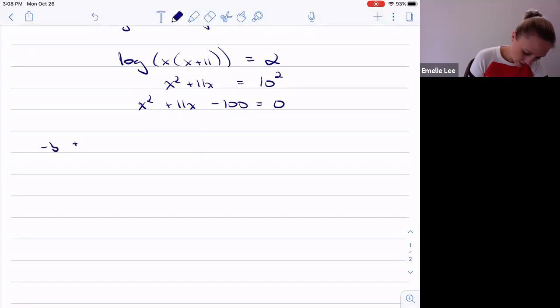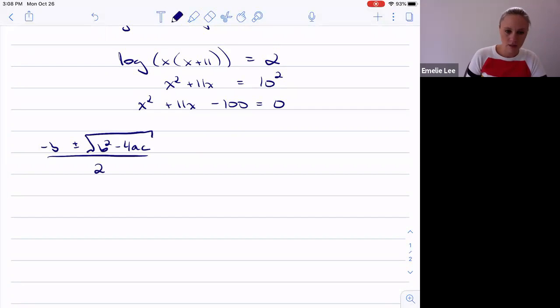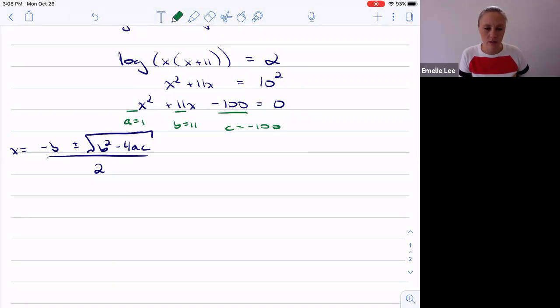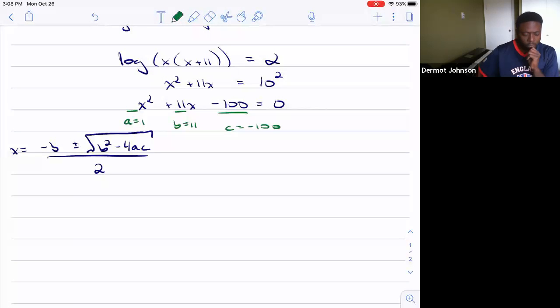Remember, x equals negative b plus or minus the square root of b squared minus 4ac over 2a, where a is 1, b is 11, and c is negative 100.